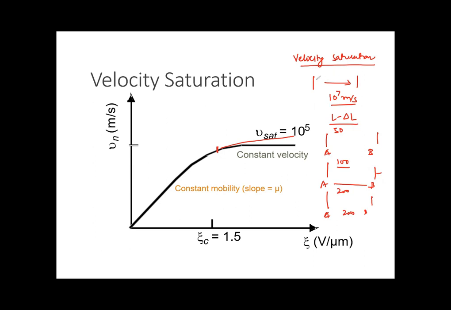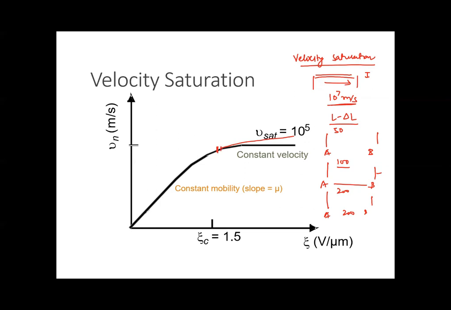Similarly, you increase the electric field, so more electrons are coming from here to here. That is current. What is current? Current is the number of electrons being collected. If you keep on increasing the electric field, the electrons will not travel faster because the maximum speed is this. So it will reach a maximum limit, and that's why your current becomes constant.